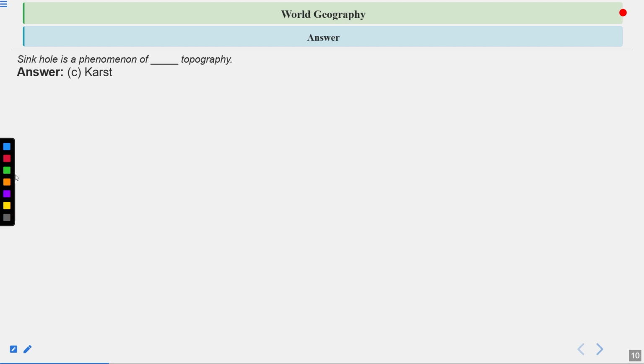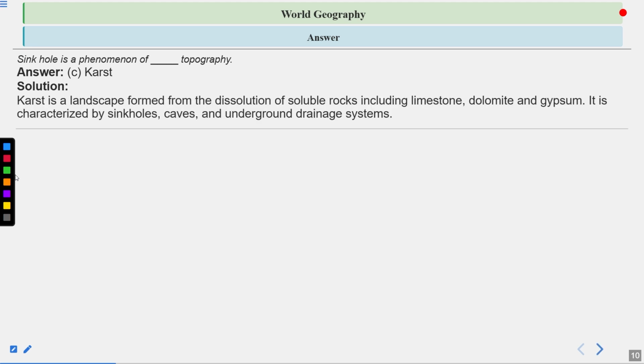So that is called karst topography, and sinkhole is a phenomenon through which the water enters into the earth's surface. So karst is a landscape formed from the dissolution of soluble rocks, including limestone, dolomite, and gypsum. It is characterized by sinkholes, caves, and underground drainage systems. So correct answer is C option, that is karst.